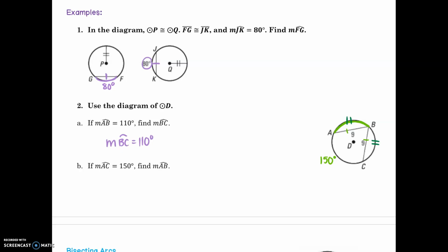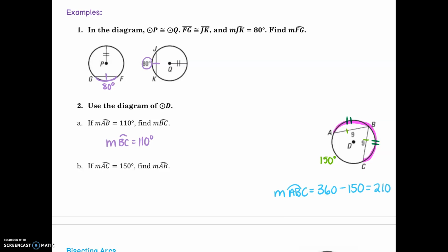So before we can find just arc AB, we have to find the measure of arc ABC. We can do that by taking 360 and subtracting the measure of arc AC, which is 150.